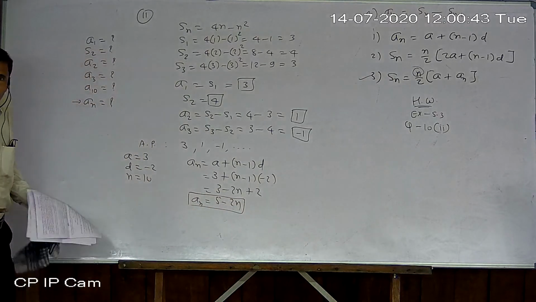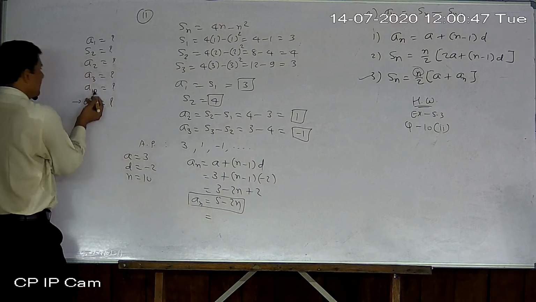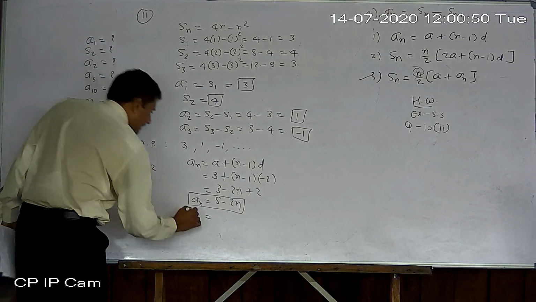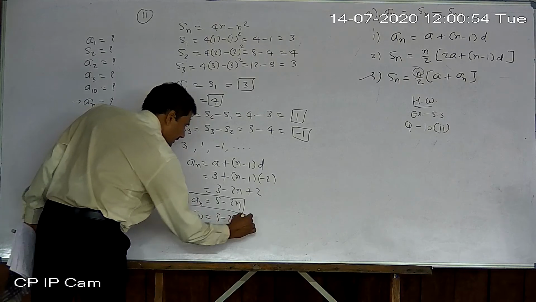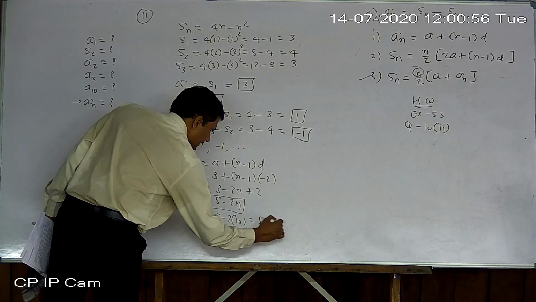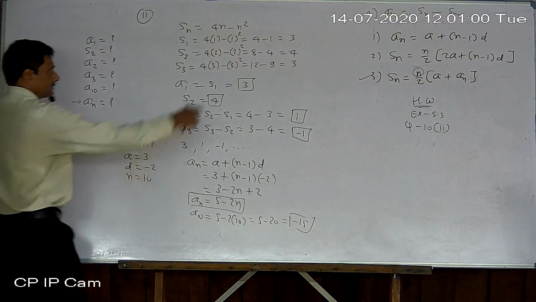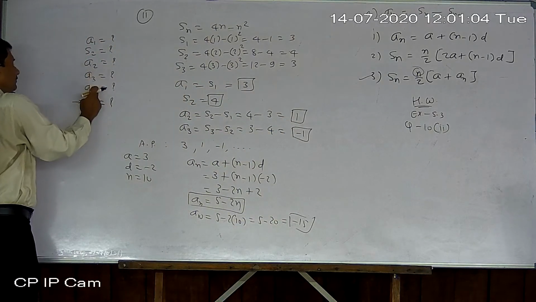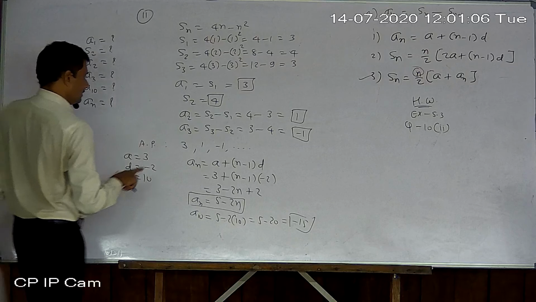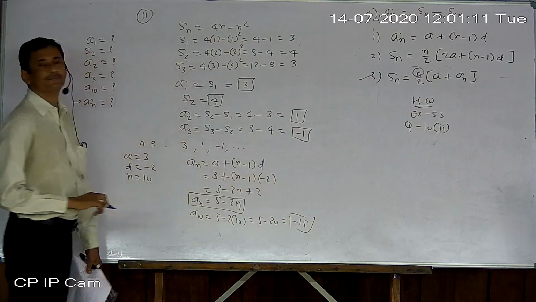Now if you find AN in the general form, then you can place any value of N. So I can write A10 equals 5 minus 2 into 10, which is 5 minus 20, equal to minus 15. So that is our last answer. So 1, 2, 3, 4, 5, 6, six answers are there.